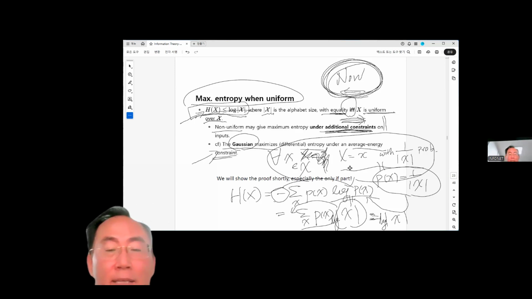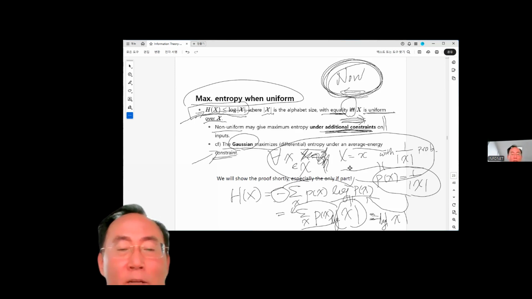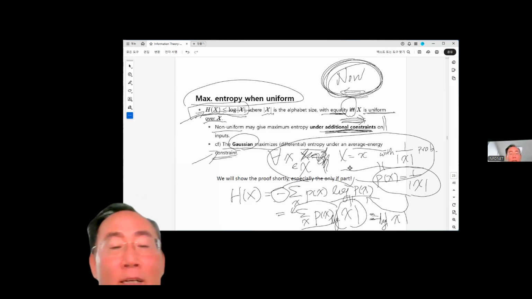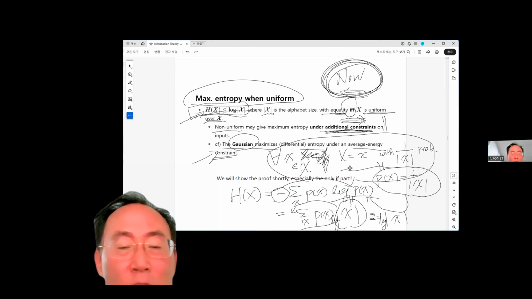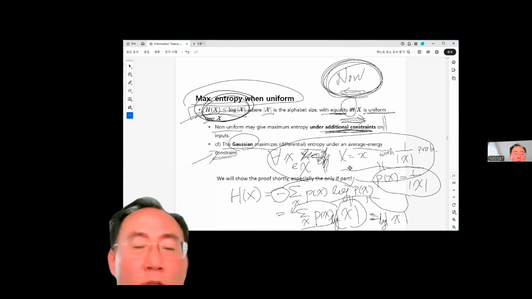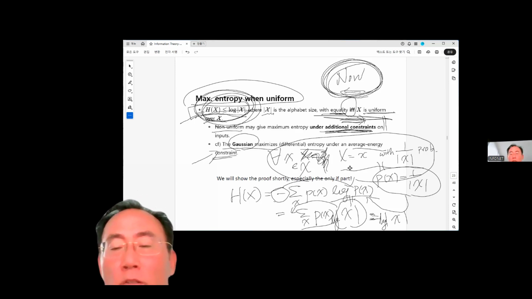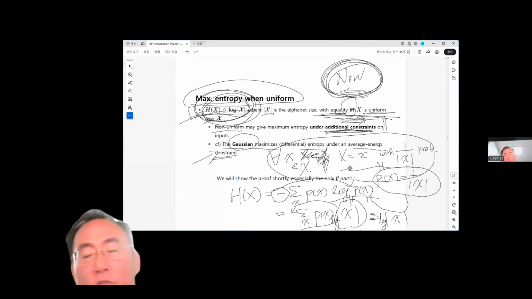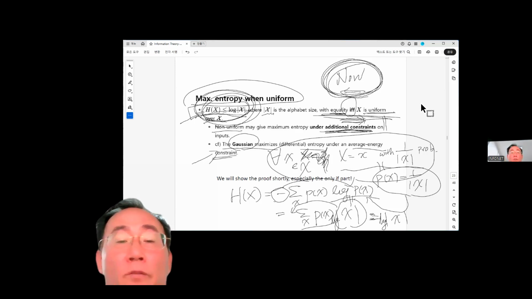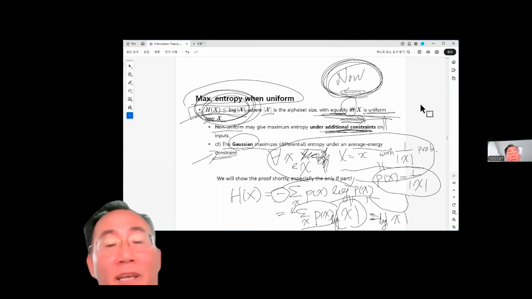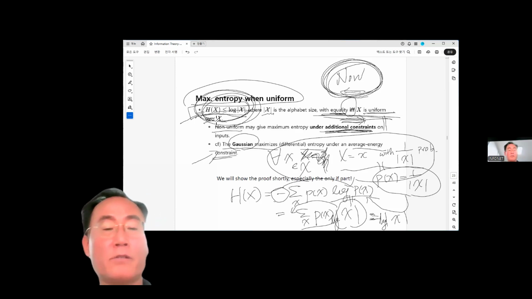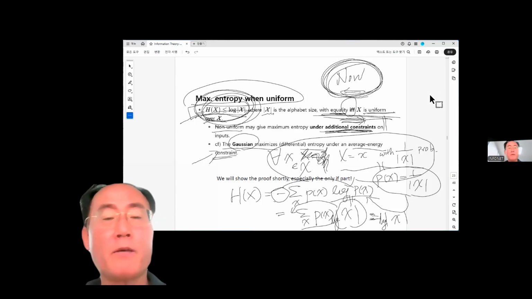So that's the case that we will talk about later on. But for now, for discrete random variable, this is always true, okay? Always true. And then equality if and only if X is uniform. So for now, for discrete cases, you just need to remember this, okay? Maximum entropy when uniform.